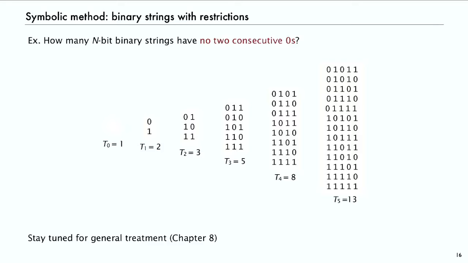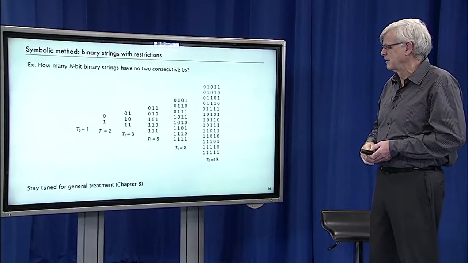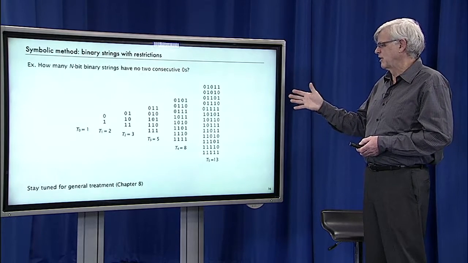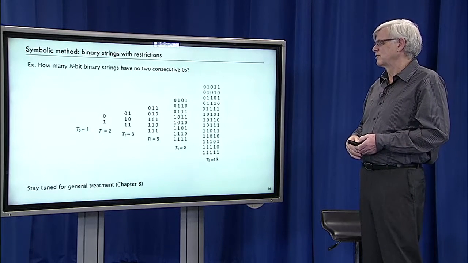If we're looking for lots of consecutive zeros, some types of communications devices have problems in such situations and need to have codes that don't do that. And so these things are well studied. And this is a simple example, but it gets to be much more complicated very soon. That's what we'll talk about in Chapter 8.